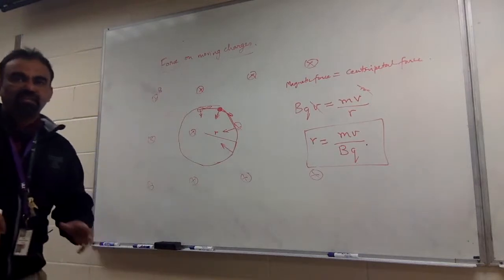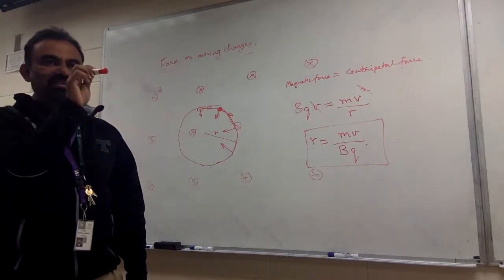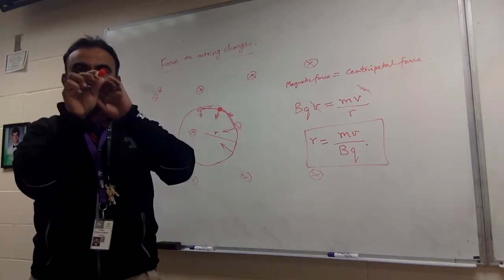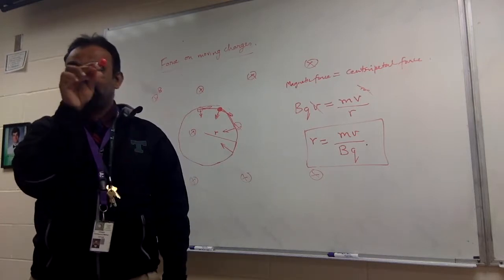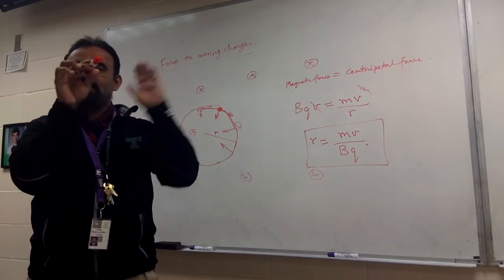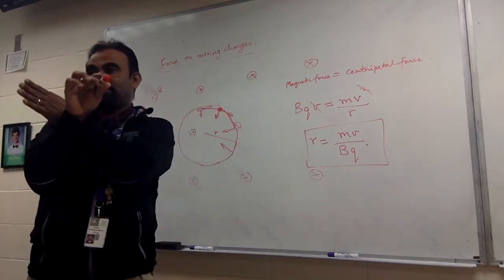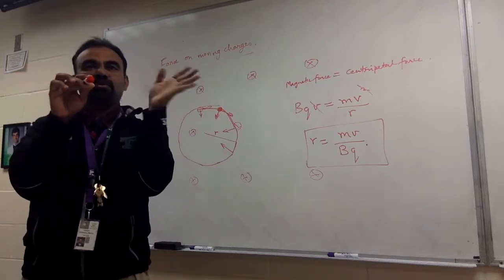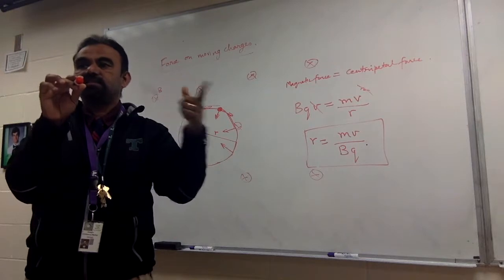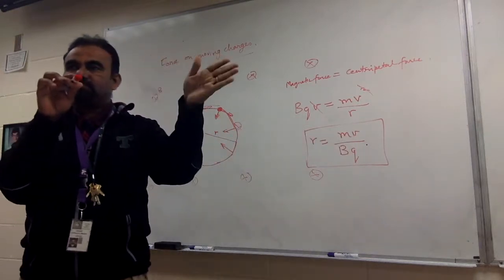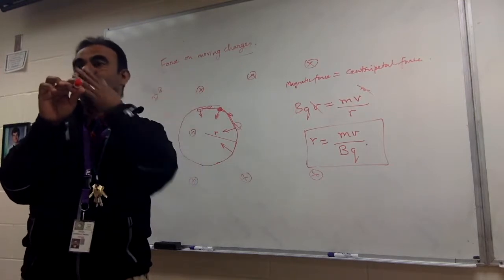Now, instead of shooting it like this, if I shoot it like this, what will happen? This velocity has two components. Due to this component, it's going to take turns with that radius, round and round. What is the other component going to do?